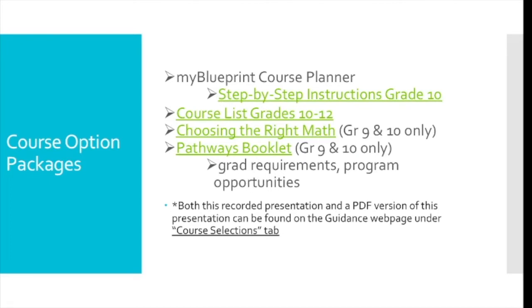Use the post-secondary fact sheet found attached to your status sheet, which was distributed before Christmas, to start some light research on programs and their requirements. Doing the research early can help you map out the courses and levels you need to set yourself up for grade 12. The Pathways booklet link identifies grad requirements and other program opportunities for your senior years in high school.